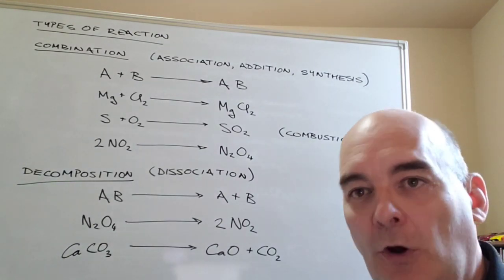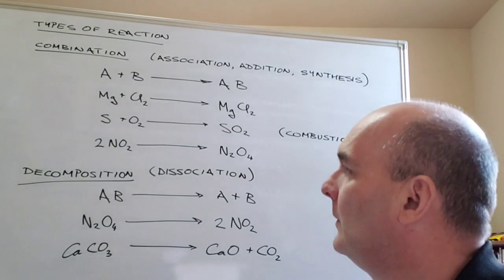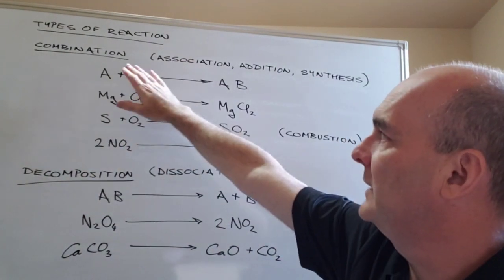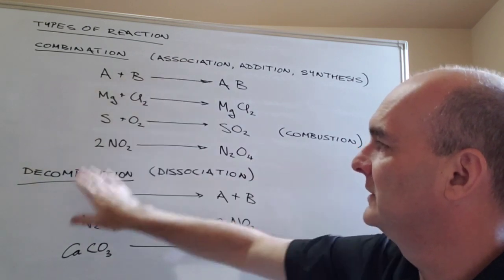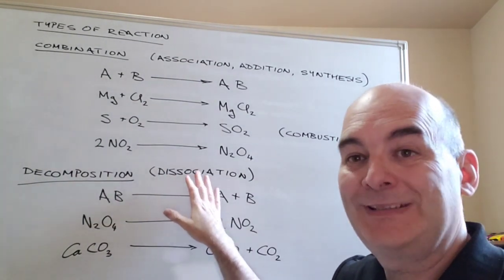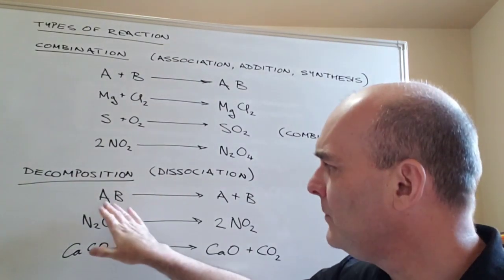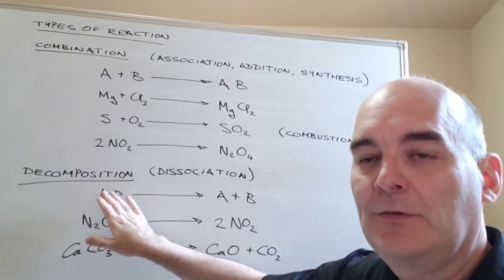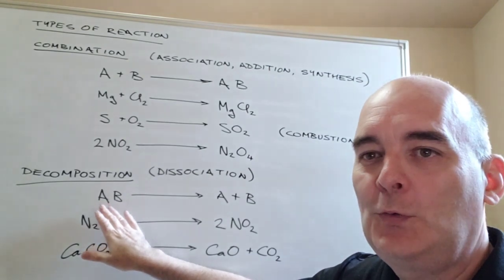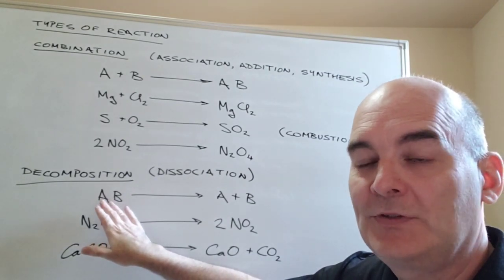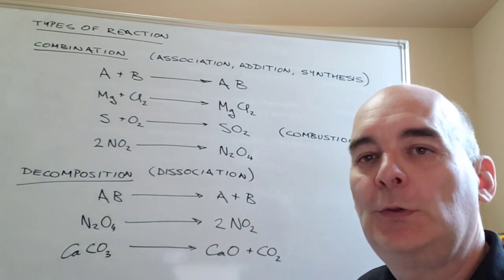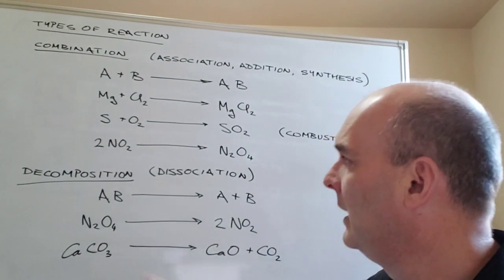Now, the exact opposite of a combination is a decomposition. And where combinations are sometimes called associations, decompositions are also called dissociations. And in a dissociation, you take the thing that has two parts bonded to one another, and you split that bond and make two completely separate entities.